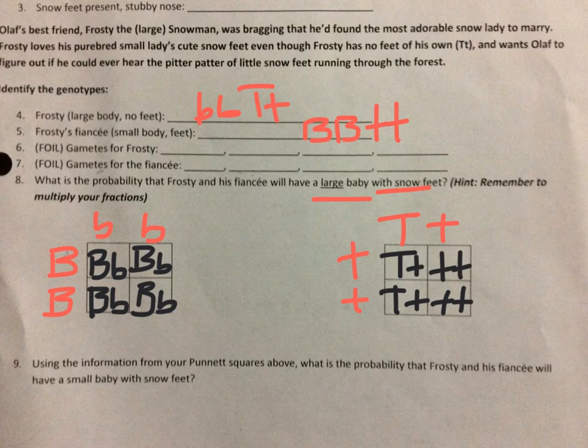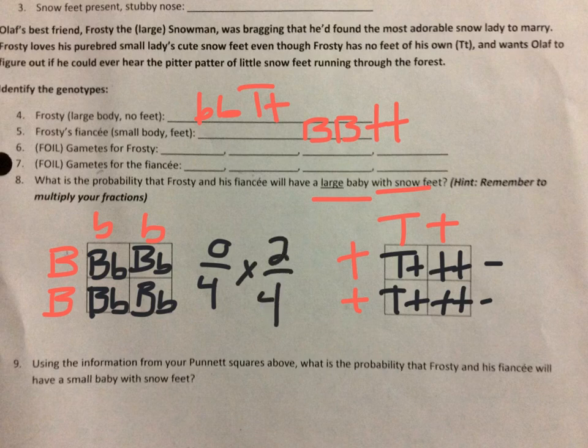So what's the probability that they have a large baby? Well, I see 4 squares with the dominant trait, so the probability is going to be 0 out of 4. What's the probability that they will have snow feet? Well, snow feet present is the recessive trait. I see 2 boxes here with the recessive trait, so that's times 2 out of 4.